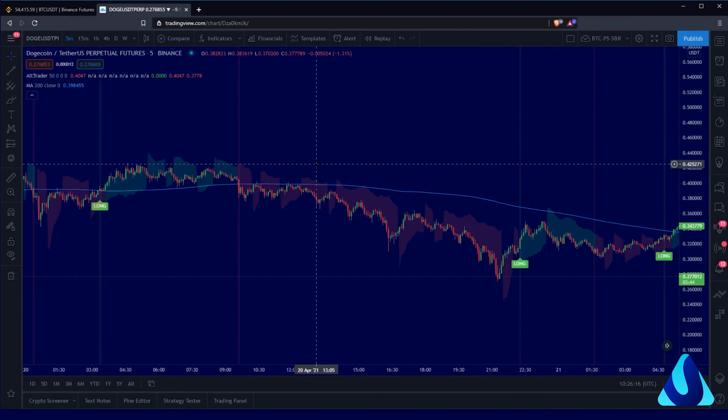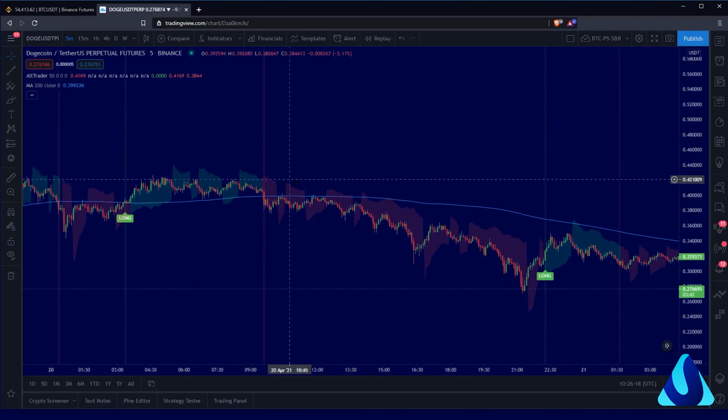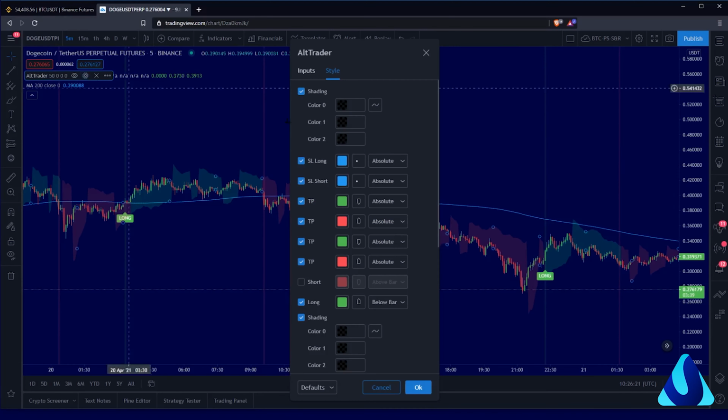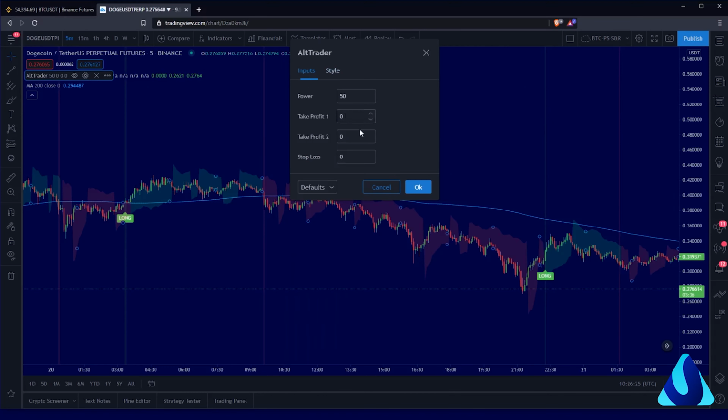So this is pretty much set up as follows. We're taking the shorts off, we set the power to 50, we're looking at first take profit 5%, maybe 10% on the second take profit, and a stop loss of 5% as well.